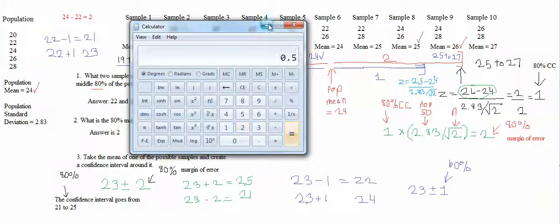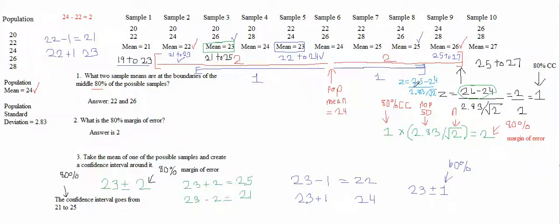I took a little bit of a shortcut, but this z-score comes out to 0.5. The z-score of sample 8 comes out to 0.5. So 0.5 is the 60% confidence coefficient because it's the z-score at the upper end of the middle 60%.